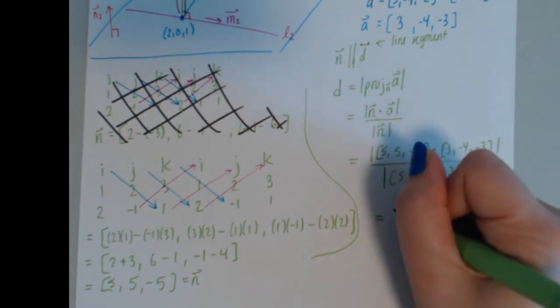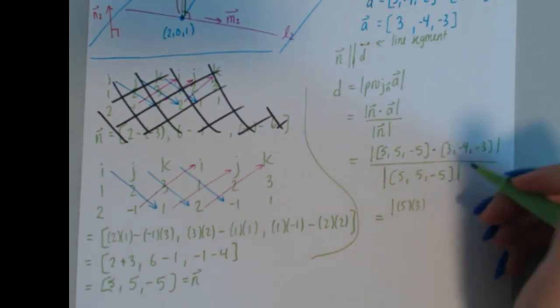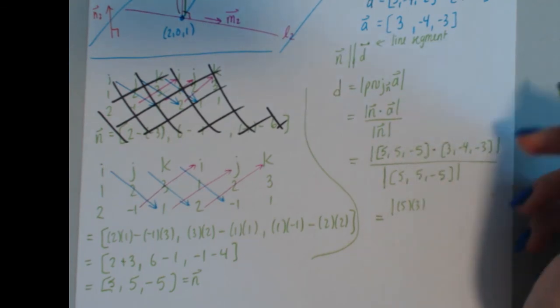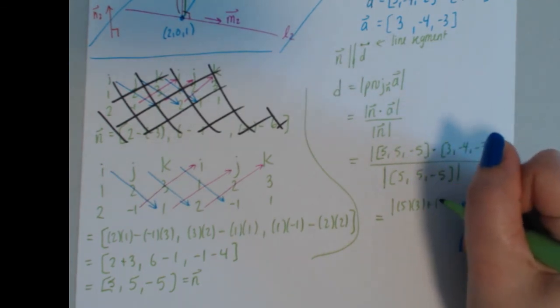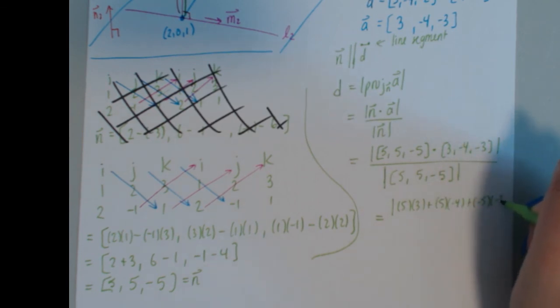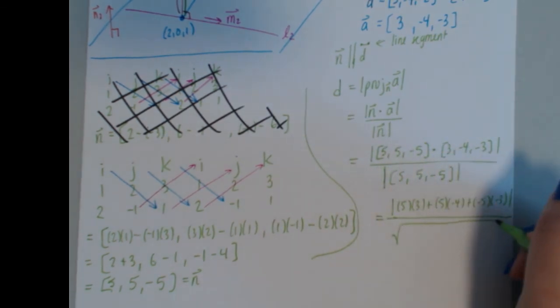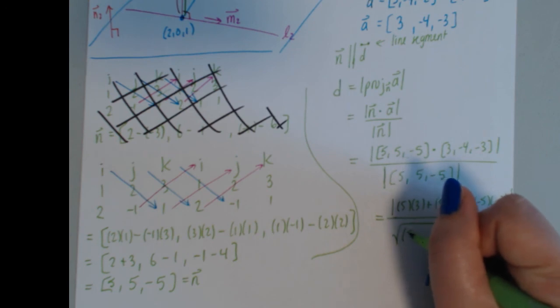So in the numerator, we're going to have the absolute value of 5 times 3. So right, take the sum of the products of each dimension. So 5 times 3 plus 5 times negative 4 plus negative 5 times negative 3, divided by, and when you take the magnitude of the bottom, that's a little different. You take the square root of the sum of the squares of each dimension.